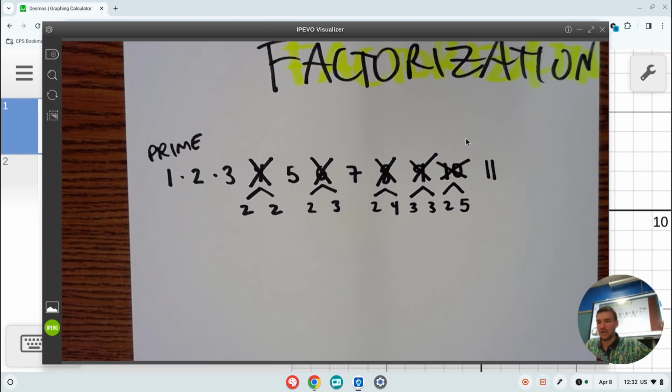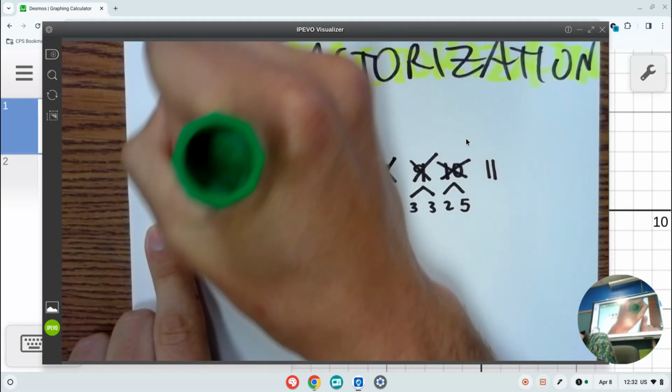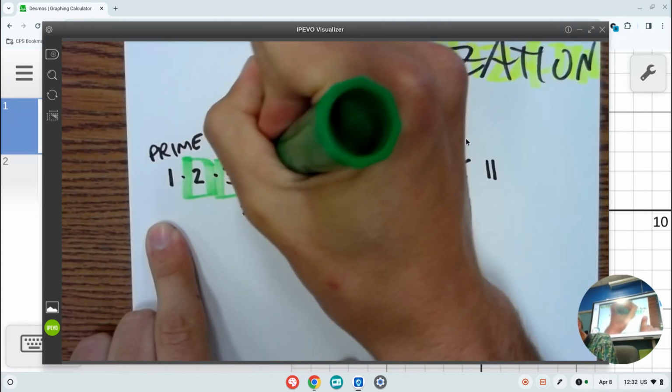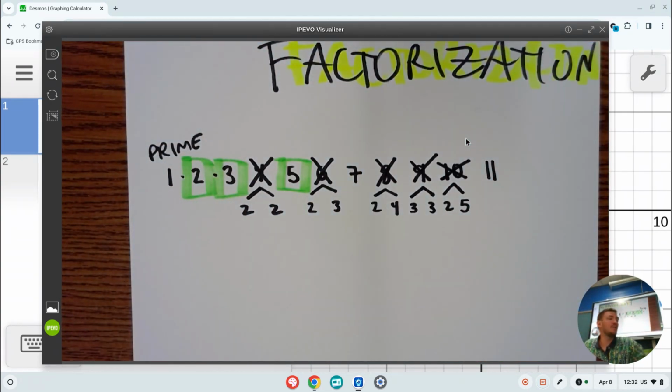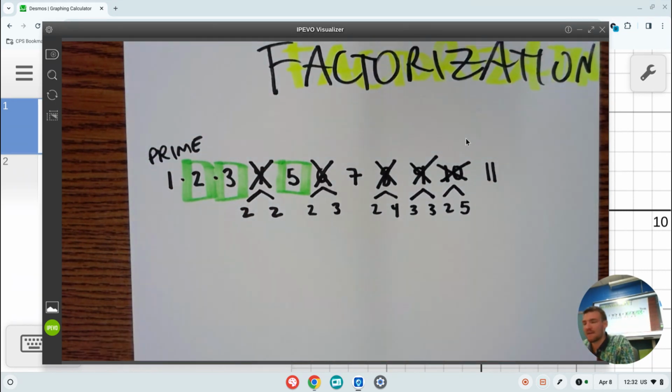Here's what I want to show you. Prime numbers, in particular, 2, 3, and 5. These are the numbers that you're going to want to really memorize as being prime numbers. Almost every number that's not prime can be built out of 2s and 3s and 5s.